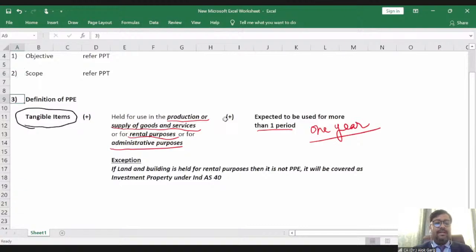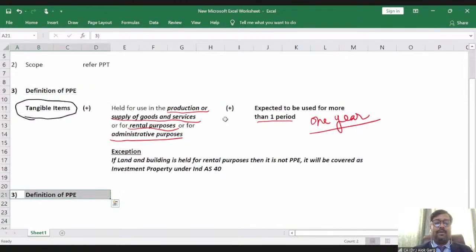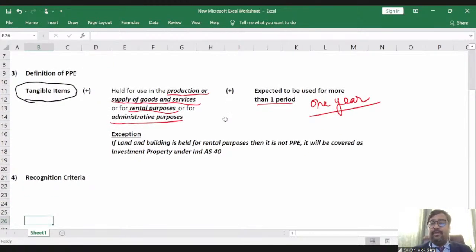What is the recognition criteria for recognizing such an item as a property, plant and equipment in the books of accounts? When will you capitalize this item as a PPE?